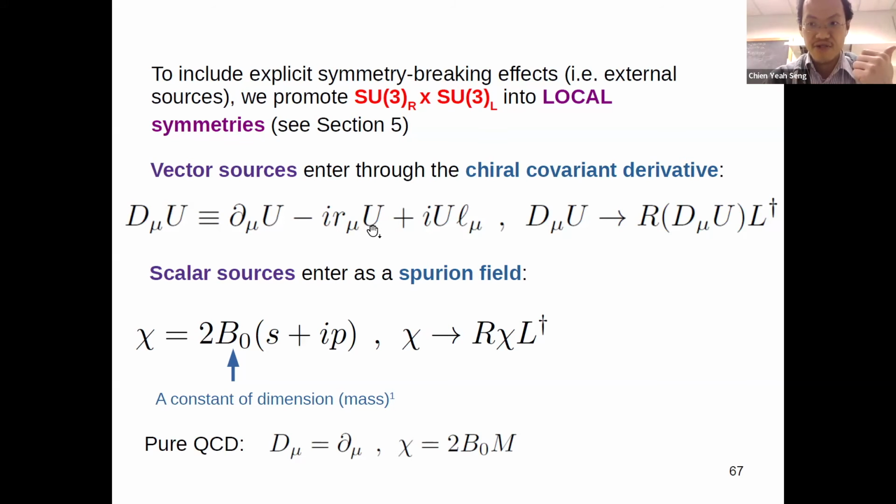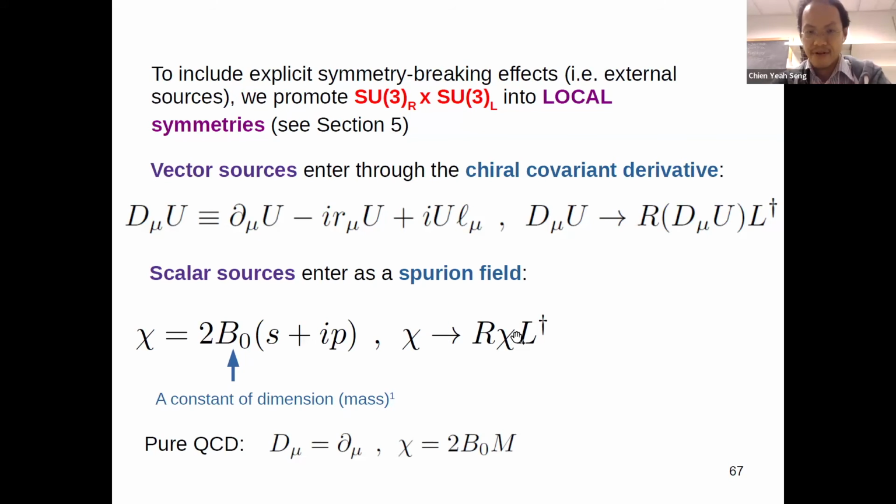If we assume the transformation rules that we introduced before for U, r_mu and l_mu, then under a local chiral symmetry, the chiral covariant derivative of U will transform just like U itself, so R at the left and L dagger at the right. On the other hand, the scalar and pseudoscalar sources can be introduced by introducing a quantity called chi, which involves a new constant of dimension mass, and chi has to transform as R times chi times L dagger.